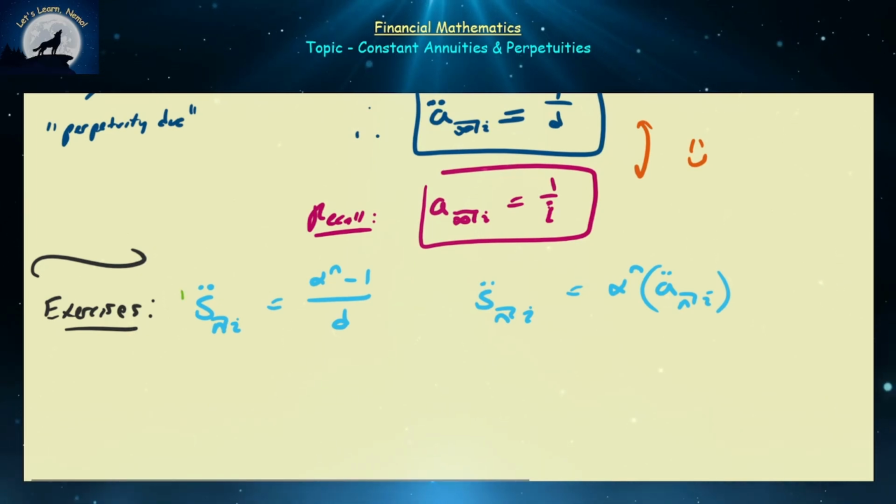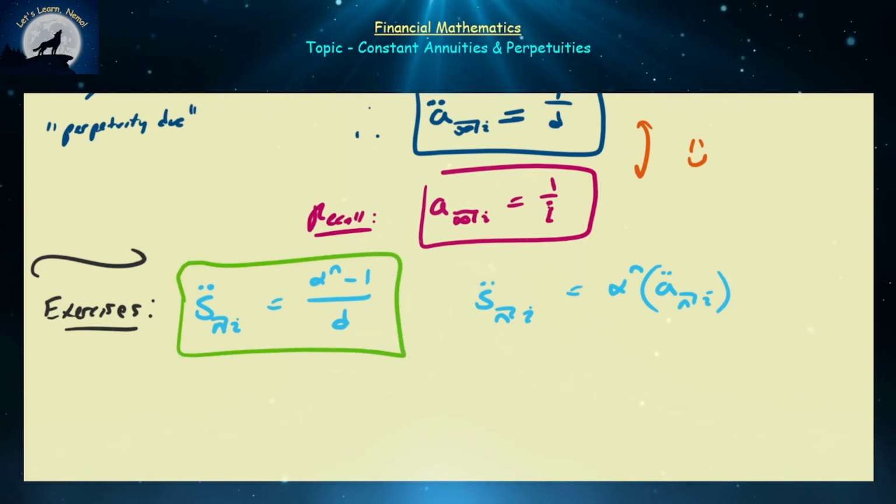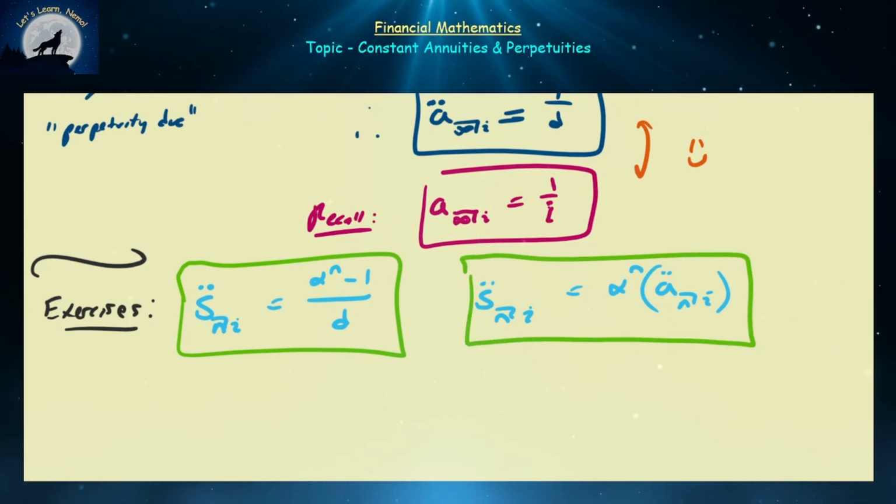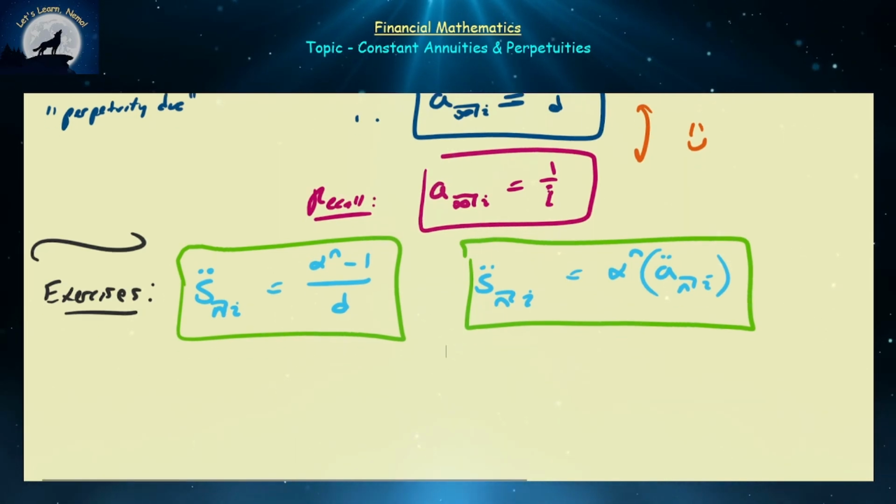So we have a nice little formula for the future value of an annuity due, and also a relation between the future value and the present value of annuity dues as well, right?